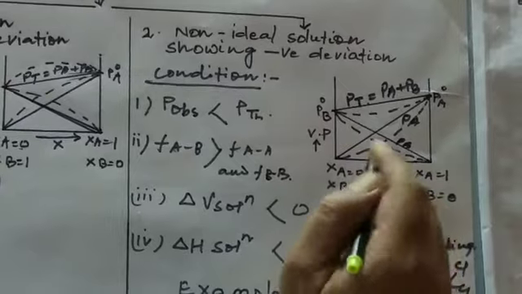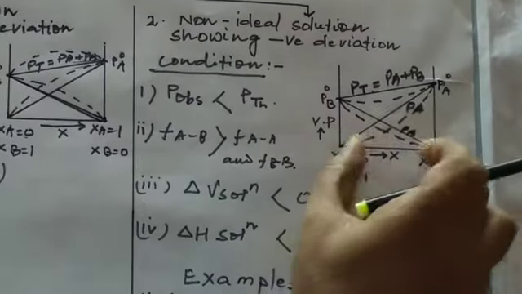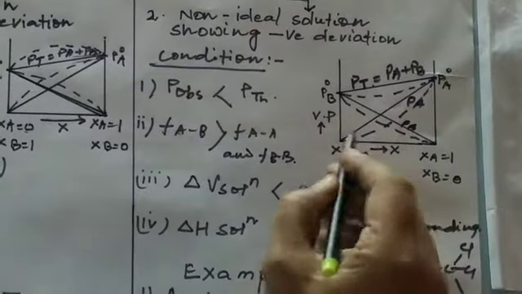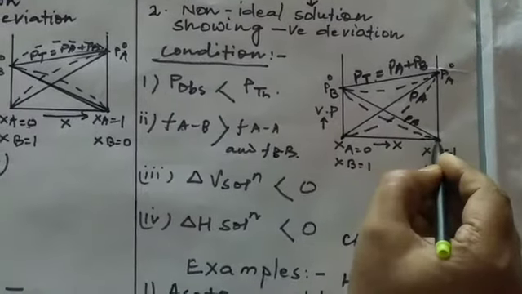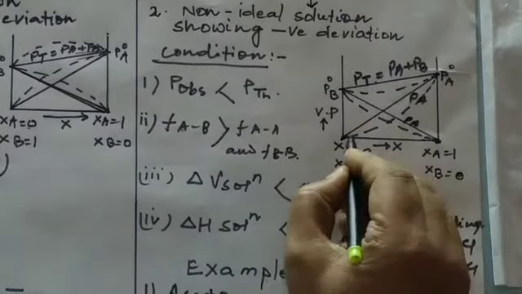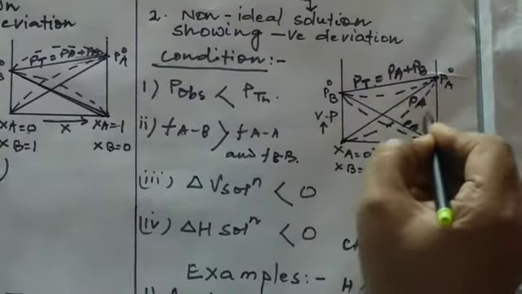Here both moles, moles of liquid A and B, are present in between these two. At this origin and at that origin, there are pure components, but between these two, there is a mixture of the two components. So the P total that we observe is less than the P theoretical, which is represented by the dotted lines.